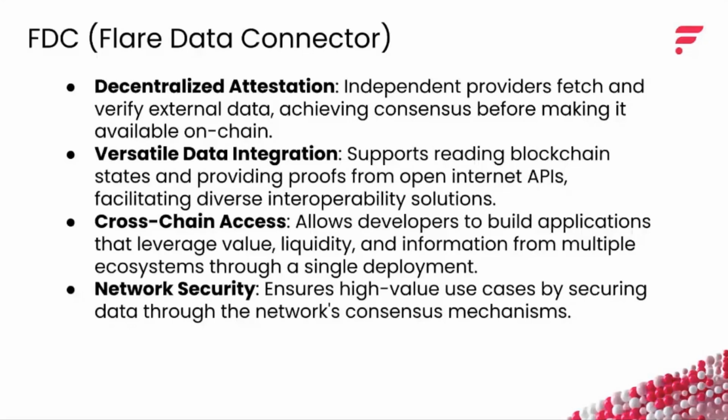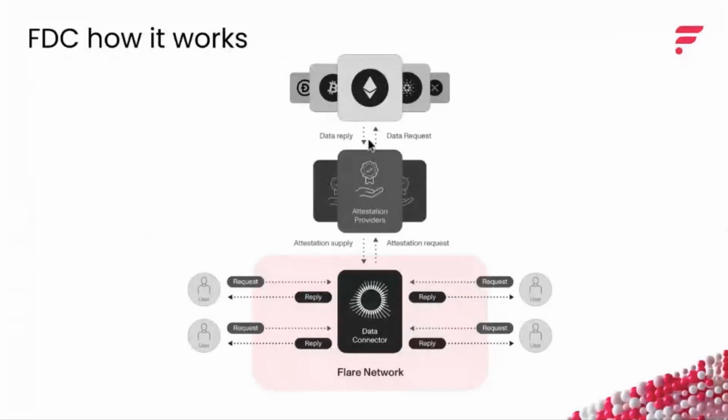Some use cases are verifying the off-chain computation from different chains. You can develop this on-chain and off-chain logic, which is unique to Flare. And really, this is only limited by your imagination. Here's an example of how FDC works with this graphic. You have these requests being made.